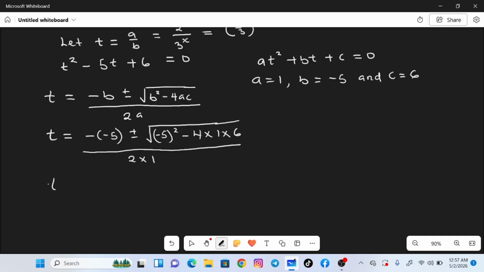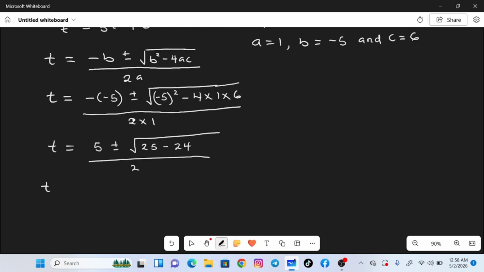So our t equal to minus multiplied by minus will give us positive 5 plus or minus root of minus 5 squared is 25 minus 4 times 1 times 6 will give us minus 24, over 2.